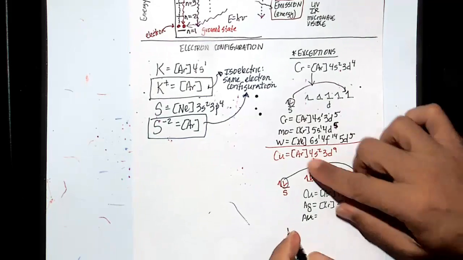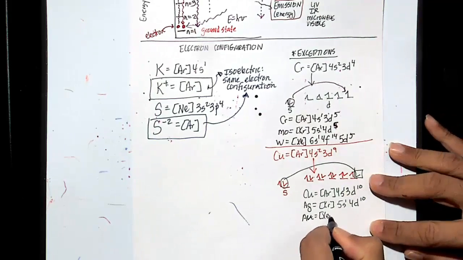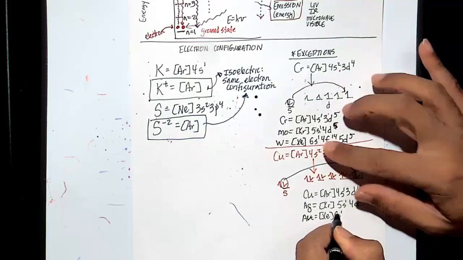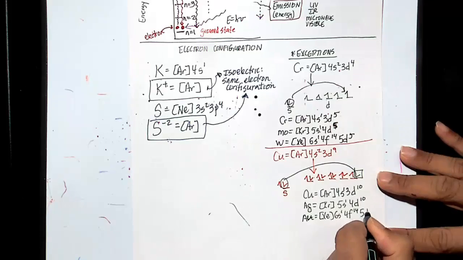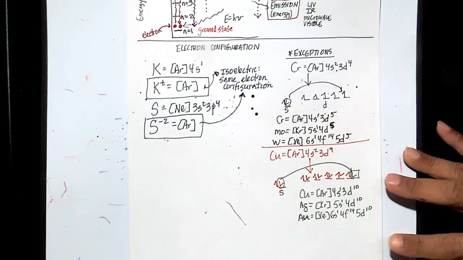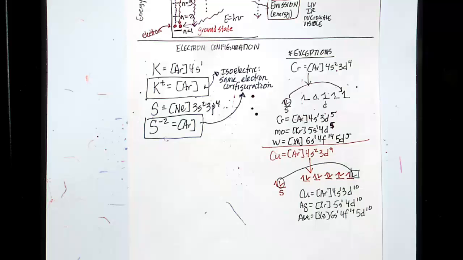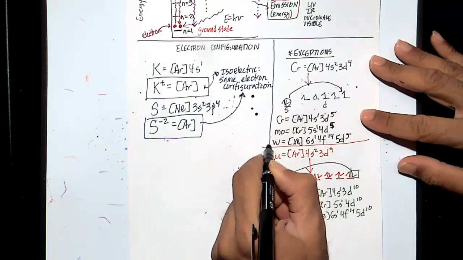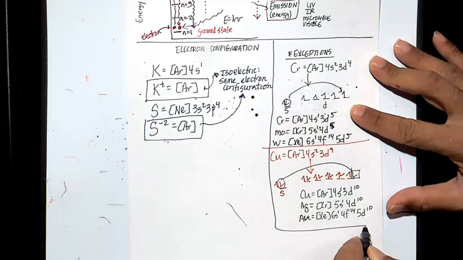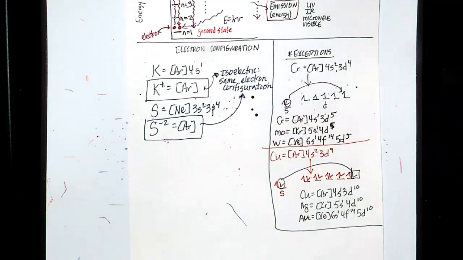It's just more stable that way. It's going to be xenon, 6s1, 4f14, 5d10. So a couple of exceptions to the normal pattern of electrons marching in.